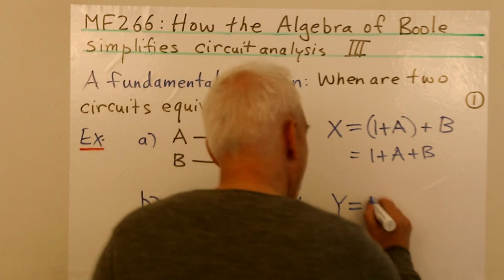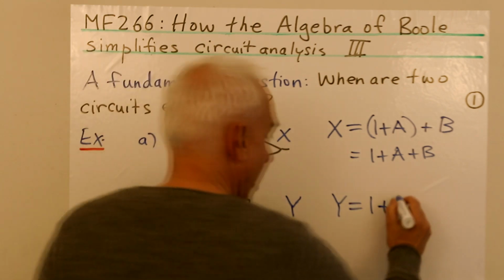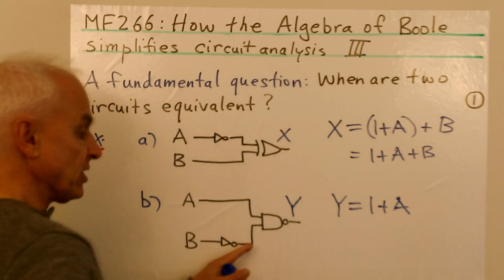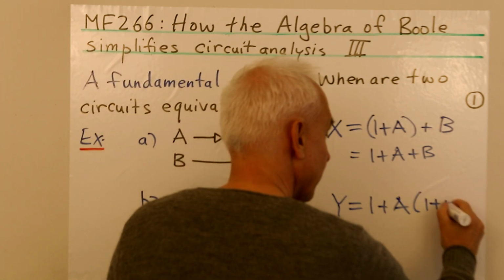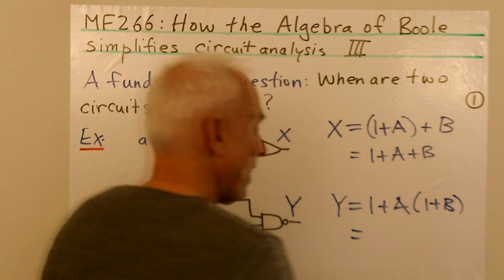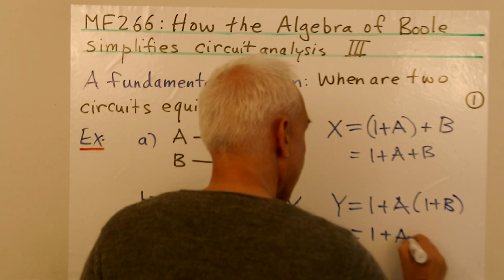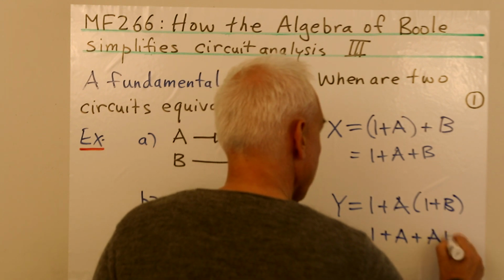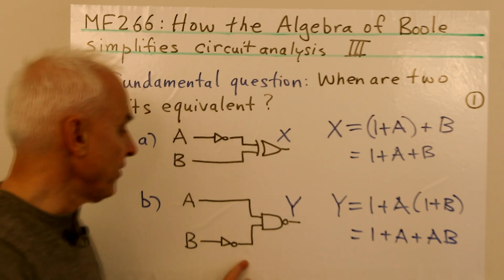Okay, so we have to take 1 plus the product of the two inputs here. Well, there's one input, which is A, and the other input, which is the inversion of B, which is 1 plus B. And when we expand that out, what do we get? We get 1 plus A plus AB.